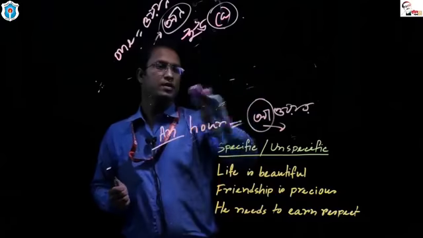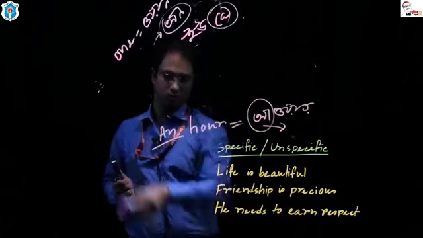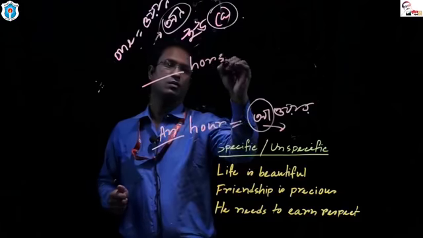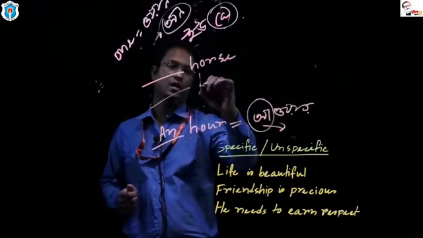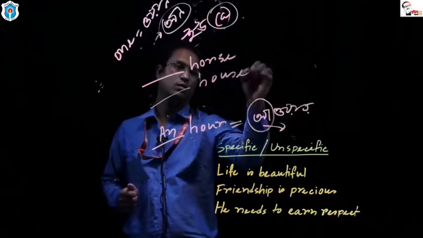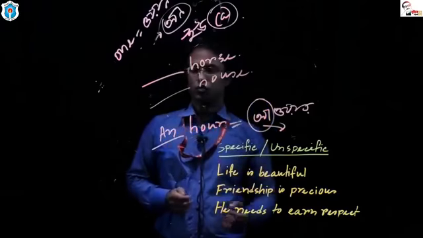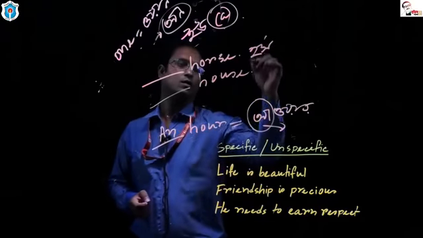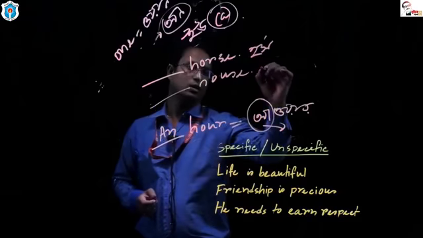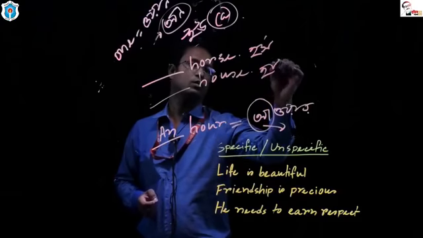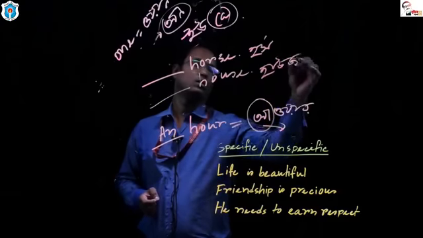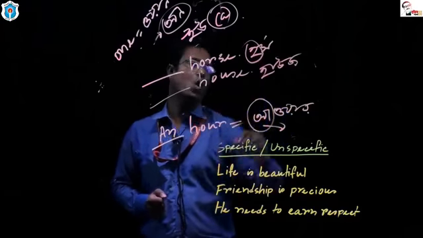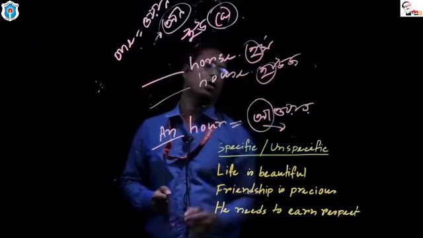But if it is dash horse, if it is dash house, then what should you use? A horse. This one is horse. This one is house. Okay, this horse starts with ho, this house starts with ho.